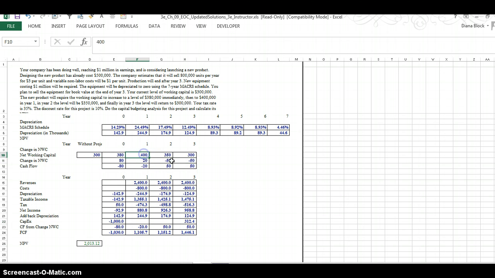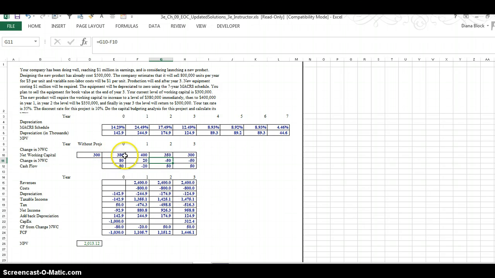So whatever they tell you the net working capital is going up to in year 1, you'll subtract the original net working capital from that. Then you'll know what the change in net working capital is for that year. Then in year 2, they tell you what net working capital is. You'll subtract from that the previous year, and then you've got your change in net working capital.